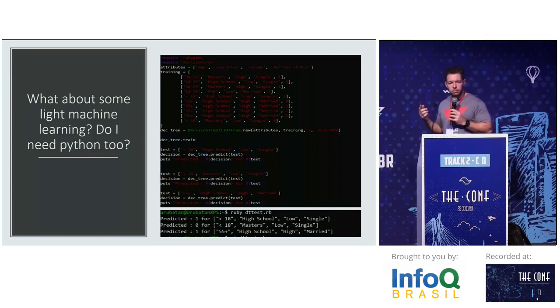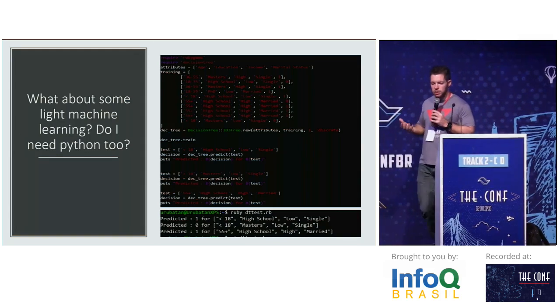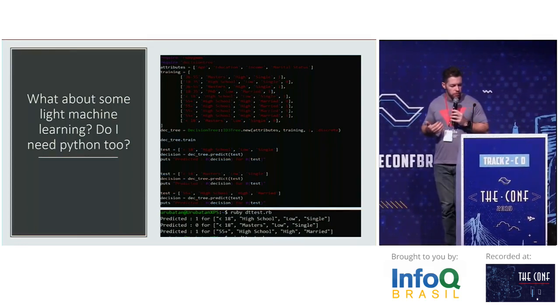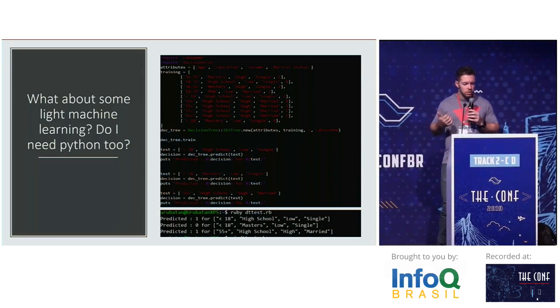And the last number, 1 or 0, means that it's already a client or not a client of the company. We use that data to train the decision tree, and then we have some tests for it, passing the same kind of data, the age group, scholarity, pay grade, and marital status, to identify if that person is a target client of the company or not.